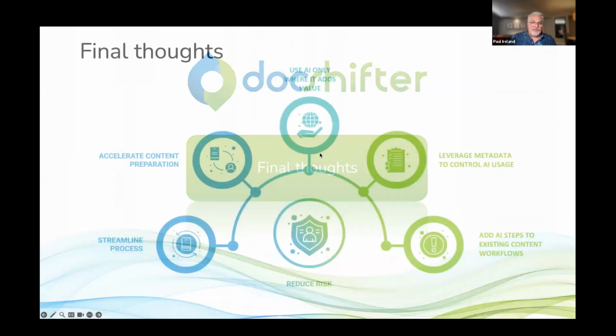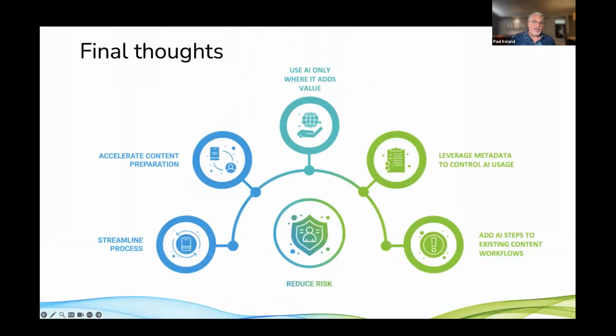In terms of final thoughts, an important point to highlight is that AI is being used just as a step within an automated flow. It doesn't have to be a standalone process. It can be part of the wider automation as well. The idea is to streamline those processes for content preparation, leveraging metadata to control how the AI is used.